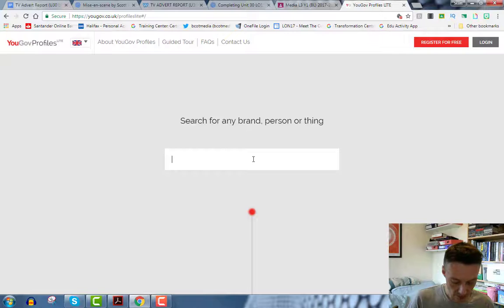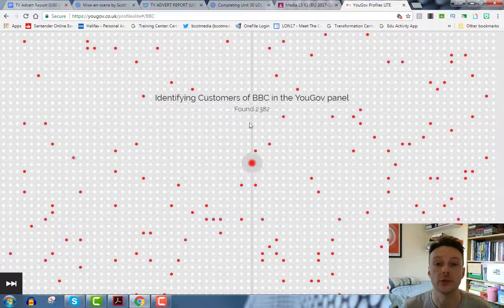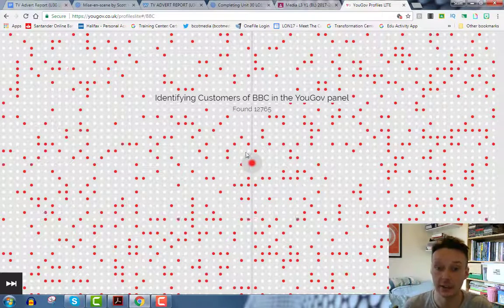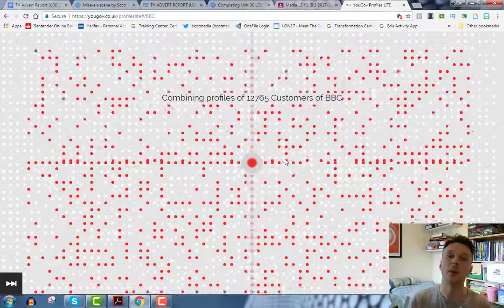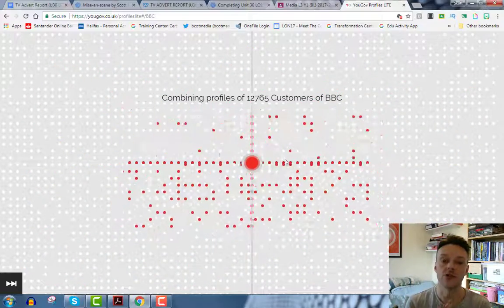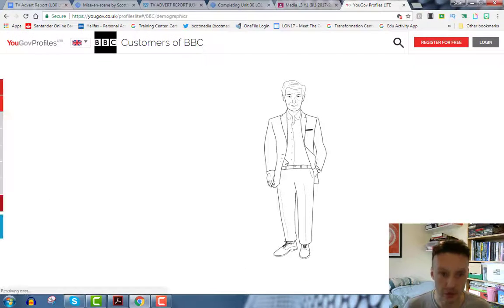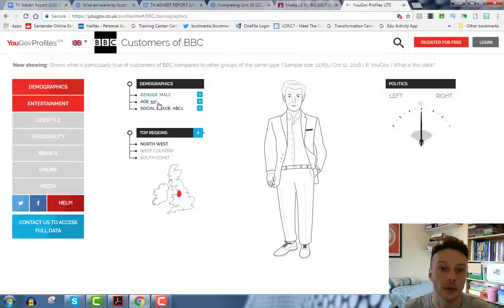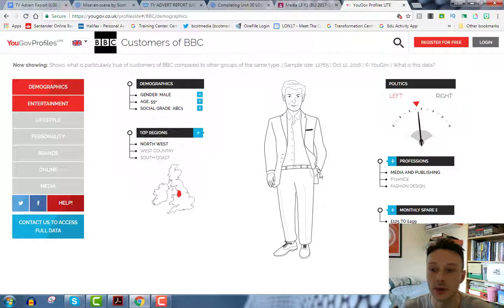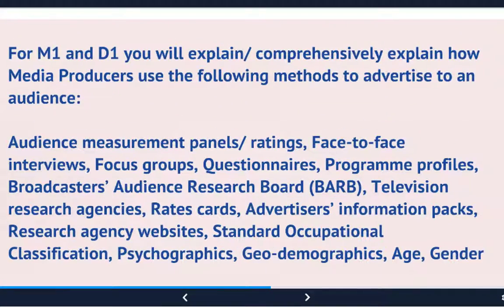Now, you might want to, for example, put in your product here, and it will go through all the social media profiles that it has access to, and it will compile a cross-section of the average customer of said product, breaking it down in terms of who they are, in terms of gender, politics, where they live, and so on. This is quite useful. I've also put here some other ways that target audiences are focused on. Distinction level learners will consider all of these elements here as well.